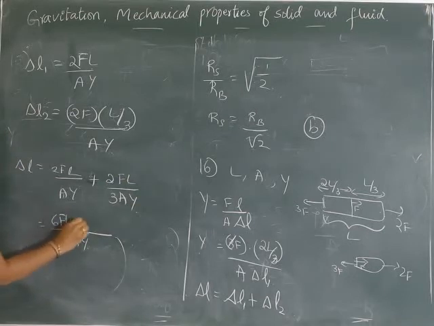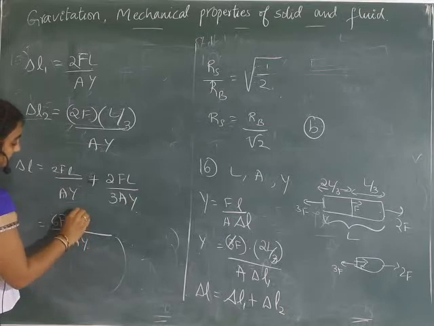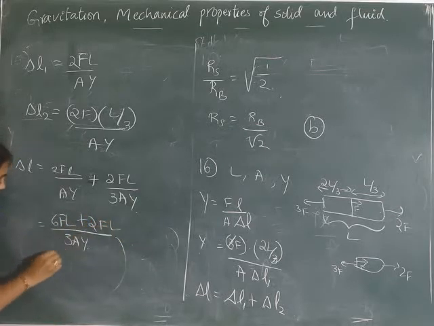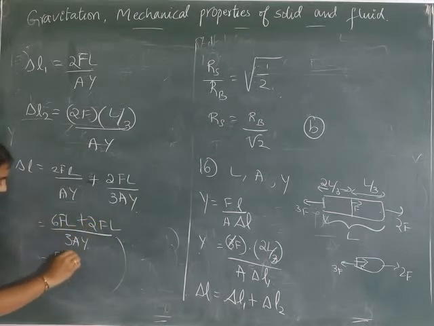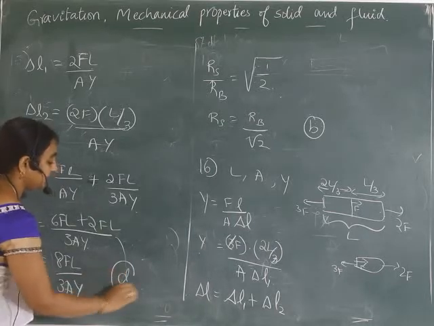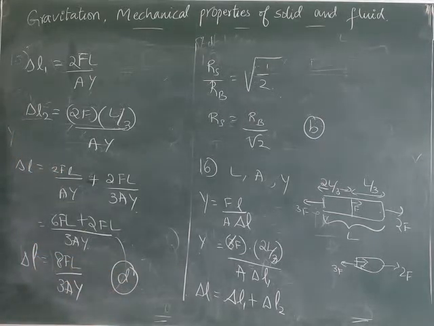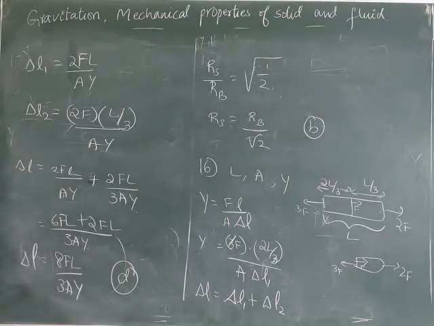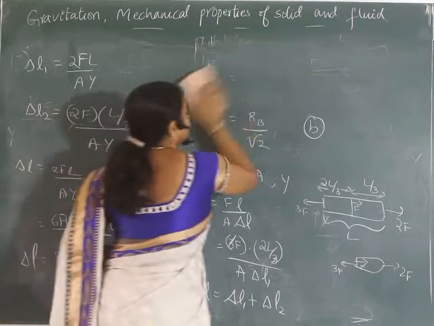That is 6FL plus 2FL, 6 plus 2, 8 FL by 3AY is equal to the elongation. Yes, option D. Delta L is equal to 8FL by 3AY. Next.